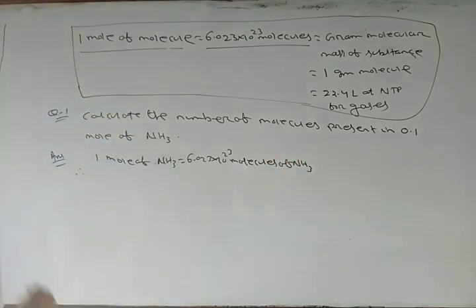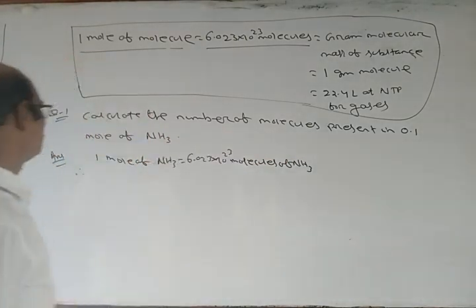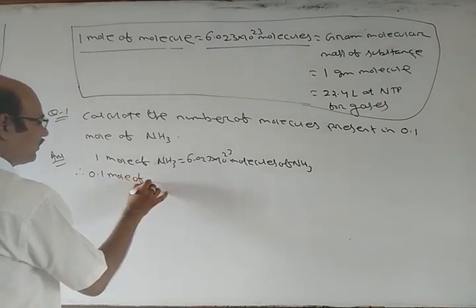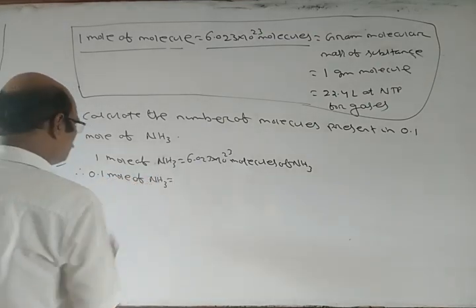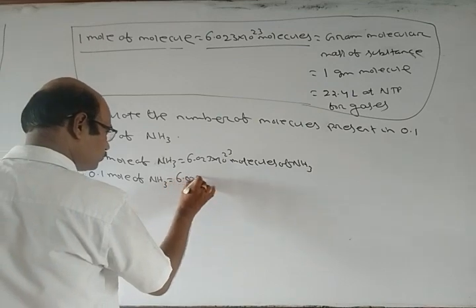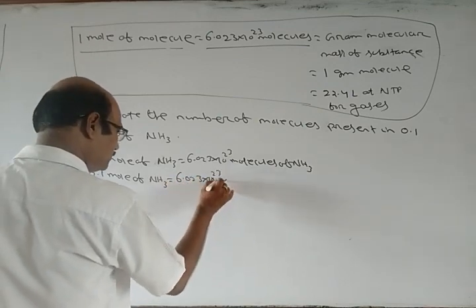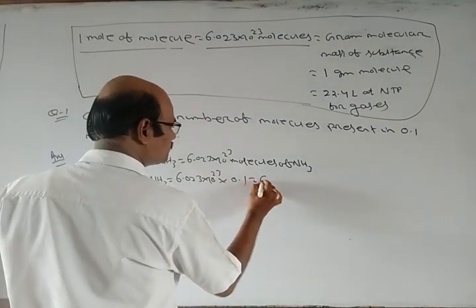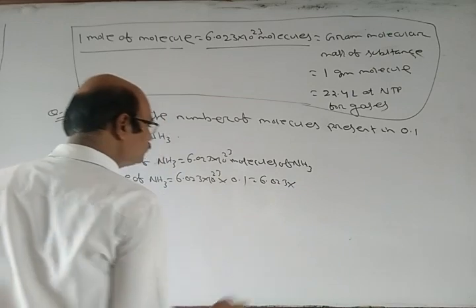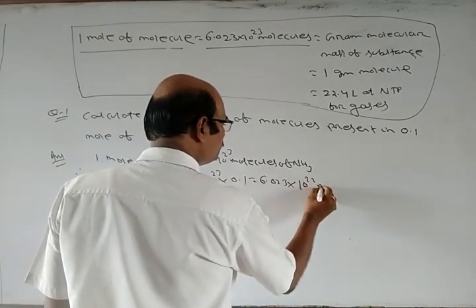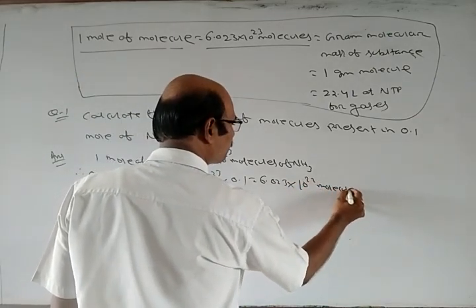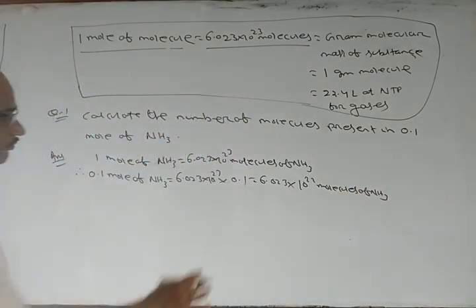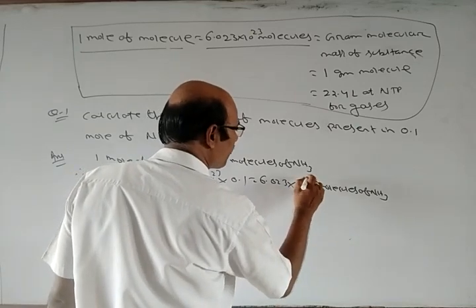Therefore, 0.1 mole of ammonia is equal to 6.023 into 10 power 23 into 0.1, which is 6.023 into 10 power 22 molecules of ammonia.